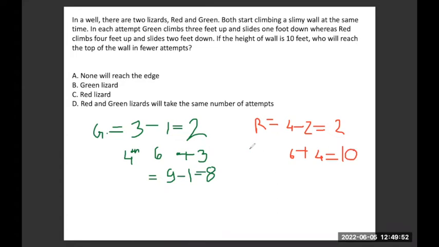So the red lizard will have reached the top in the fourth attempt, versus the green one, which will reach the top in the fifth attempt, not in the fourth. And thus option C is the correct one here.